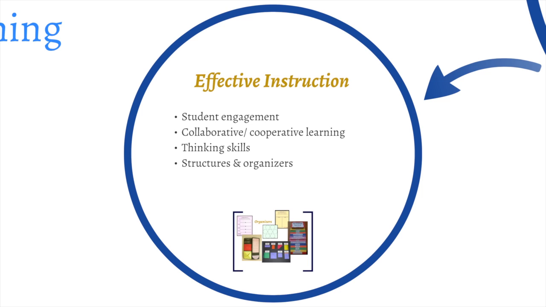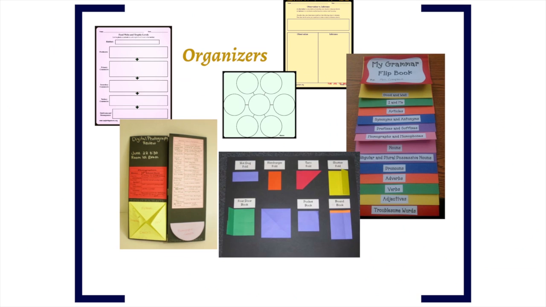It's not enough for students to just remember knowledge, but to be able to use that knowledge for thinking. And often teachers use structures and organizers to help students make sense of all of the different new content they're learning.